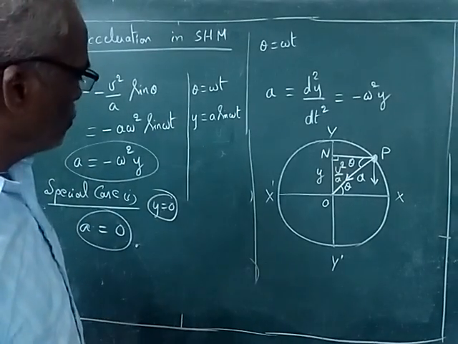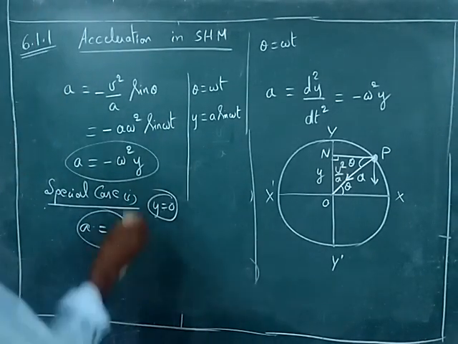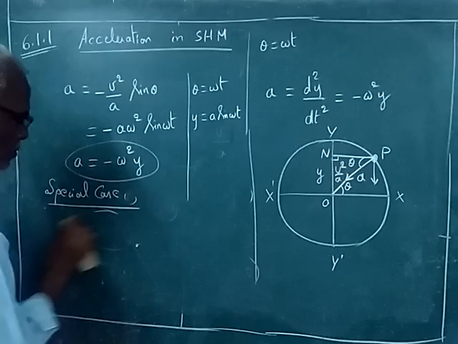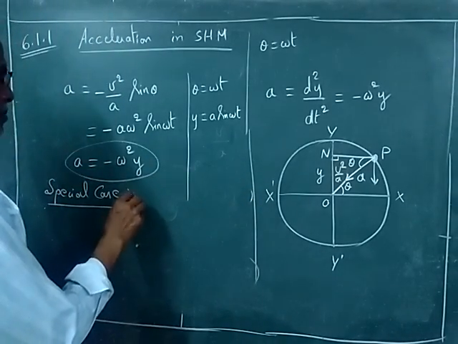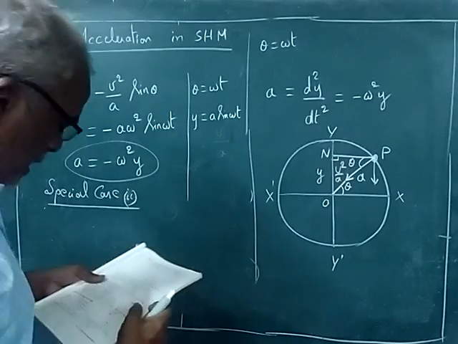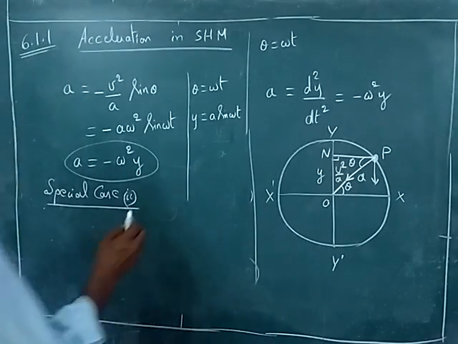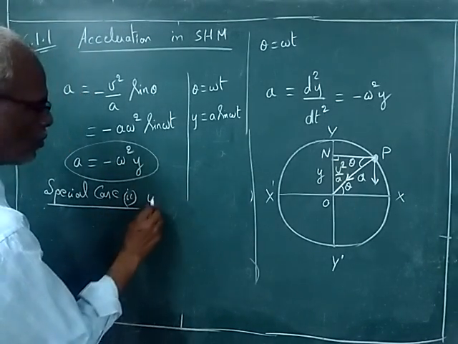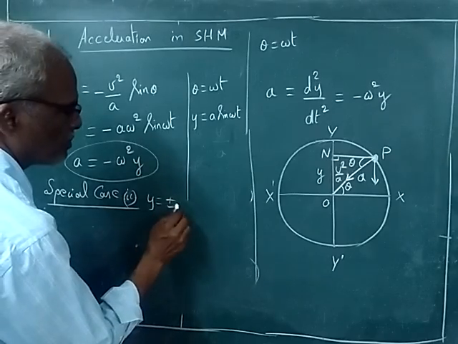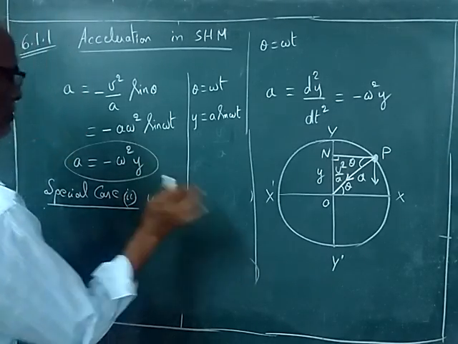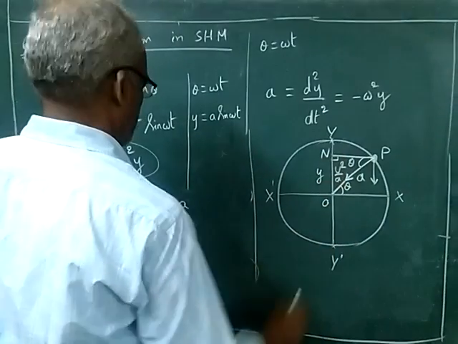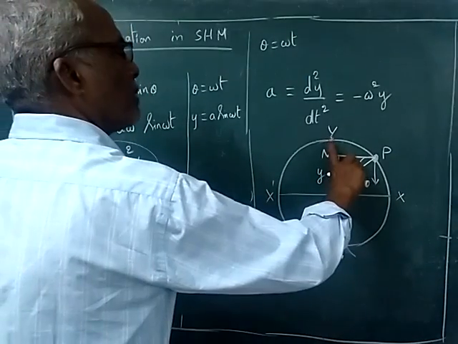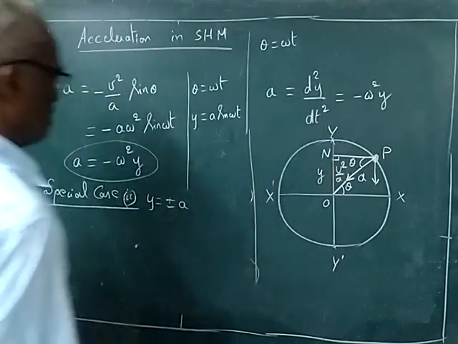So case 2, we can write, when the particle is at the extreme position, that is y is equal to plus or minus a. So this point or this point. Here the maximum displacement y is nothing but a.